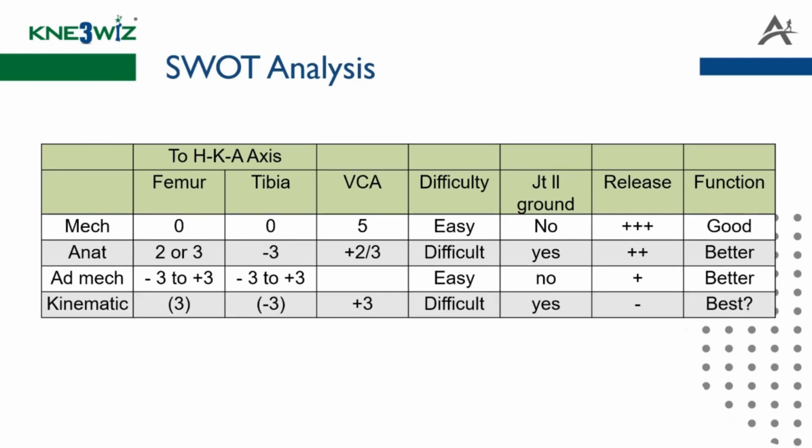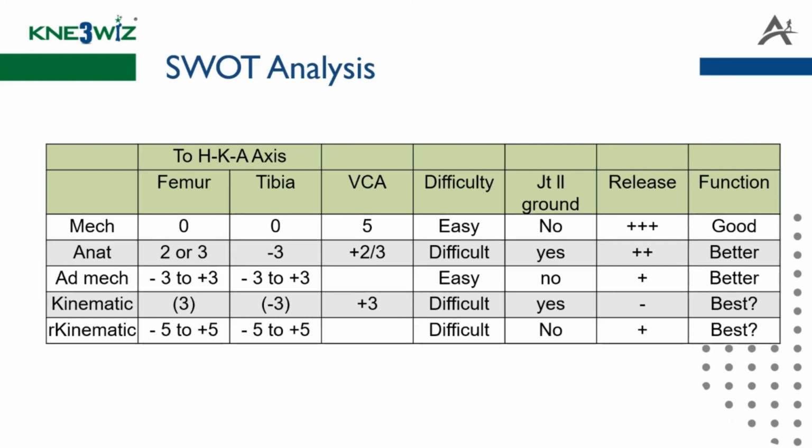Kinematic alignment relies on restoring the joint lines, but the overall coronal alignment falls within 3 degrees of the neutral for that individual. It is technically more demanding, but the amount of releases required are minimal, and hence the return to function is superior. Restricted kinematic alignment is within 5 degrees of the neutral, and the overall mechanical axis is still within 3 degrees of the mechanical alignment.